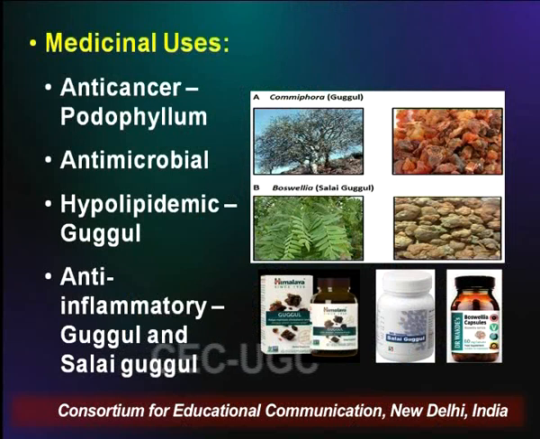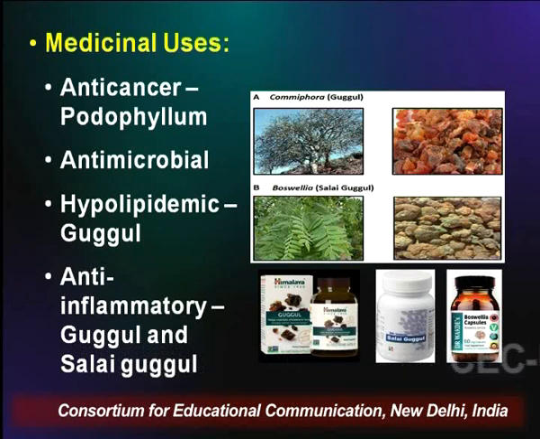Now we move on to the medicinal uses of resins. Like the resins have a wide variety of commercial usage, they also have wide medicinal or therapeutic uses. Beginning from anti-cancer properties, the example is podophyllum resin. We all know that this plant is well known for its anti-cancer properties and is a well-established anti-cancer drug.